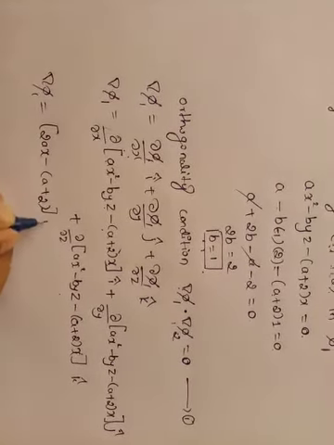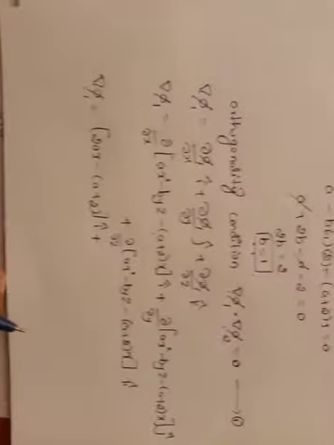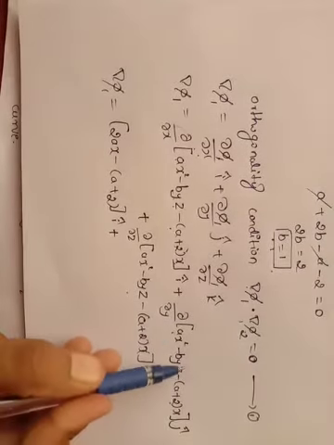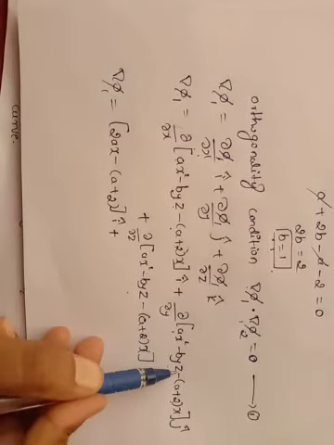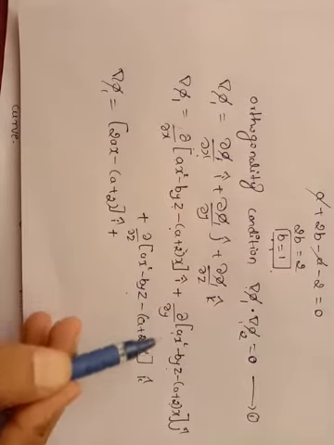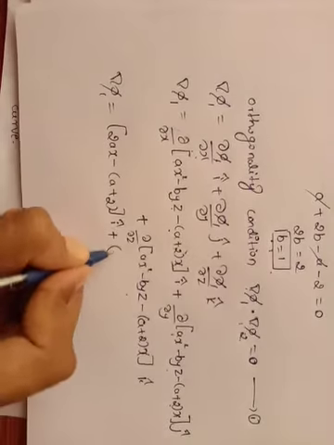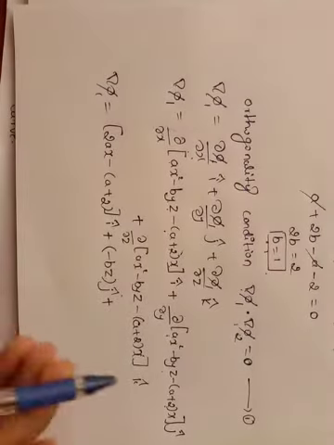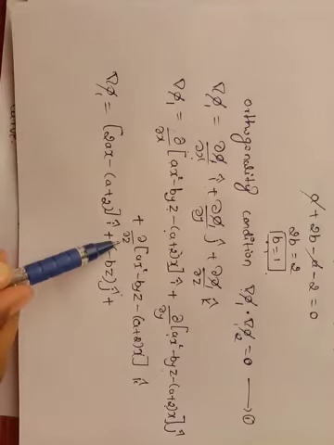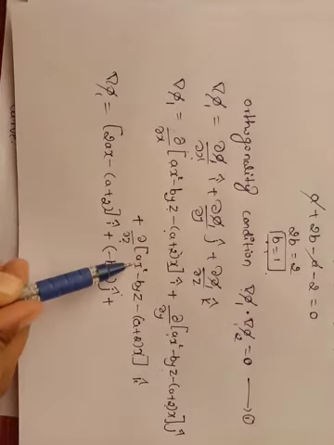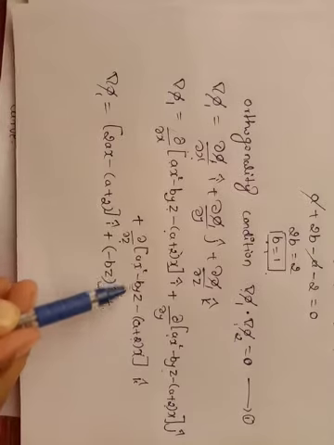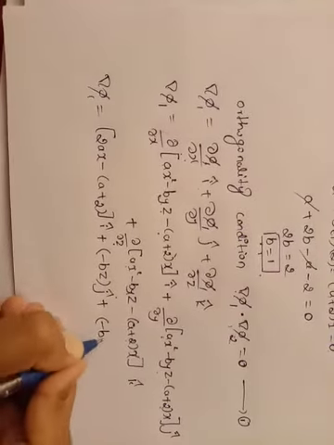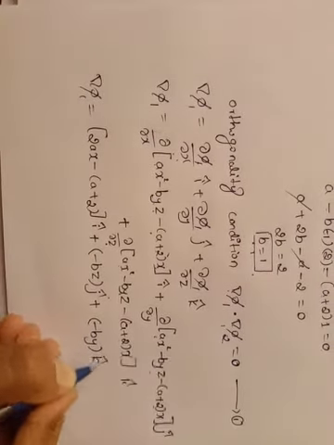Into i. Plus dou by dou y of this whole term: ax square is constant, and in byz, b and z are constant, y with respect to y is 1, so it becomes minus bz into j. Plus with respect to z, considering x and y constant: minus byz with respect to z becomes minus by into k.